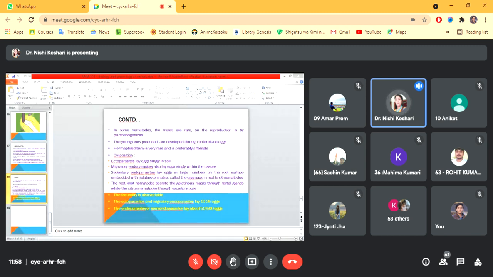If you are a nematologist, you have to release the eggs for inoculation. There is a chemical called NaOCl, sodium hypochlorite. We mix 5% sodium hypochlorite with the eggs to release them from the gelatinous matrix, and then the eggs hatch very easily.